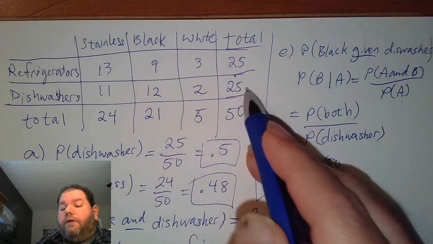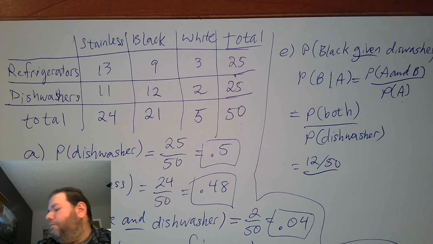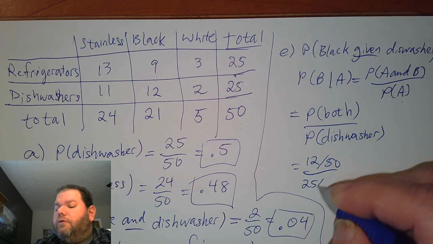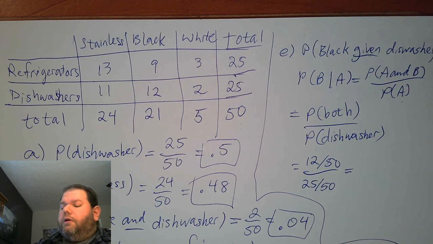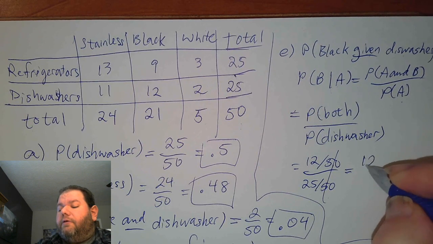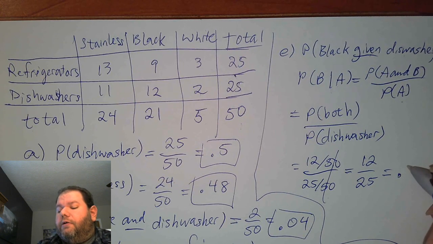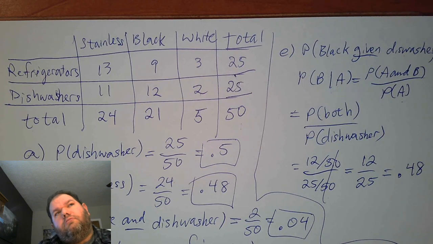That was 25 out of 50, right here. Now, what happens here is because both of these are divided by 50, the 50s cancel. So we get 12 out of 25. And so 12 out of 25, if we calculate that, I believe that's 0.48.